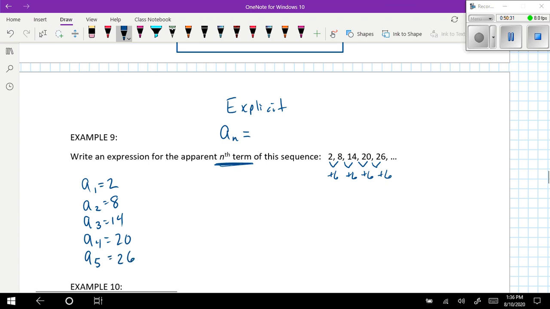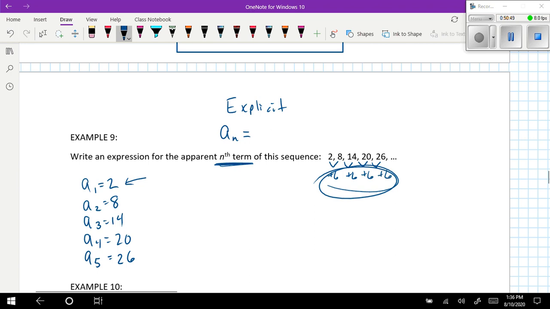I know that this 6 has something to do with the problem. Now how can I write, just try something. I mean, this is guess and check really at this point if this is your first time doing this. So if I want to write the number 2, how would I do that using the number 6?